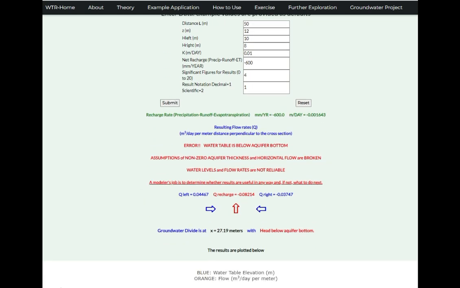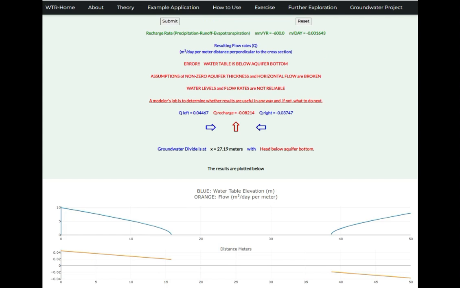The results are not valid because the assumptions made to develop the equations are broken. That is, uniform flow cannot occur at the surface given that nearly half the aquifer is dry at the values required to support the flow, and the flow cannot be viewed as approximately horizontal. As with all models, we have to employ our common sense when evaluating results.